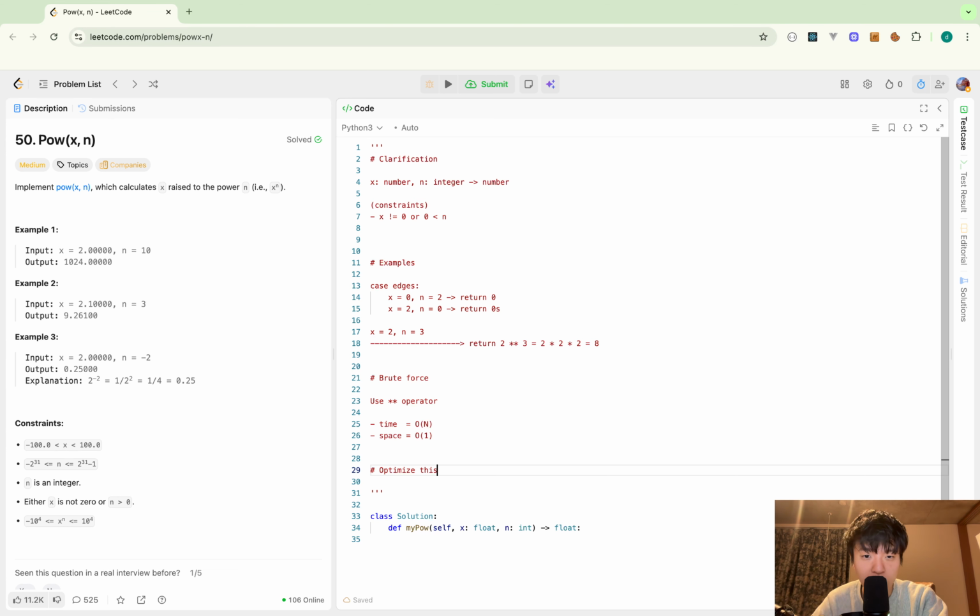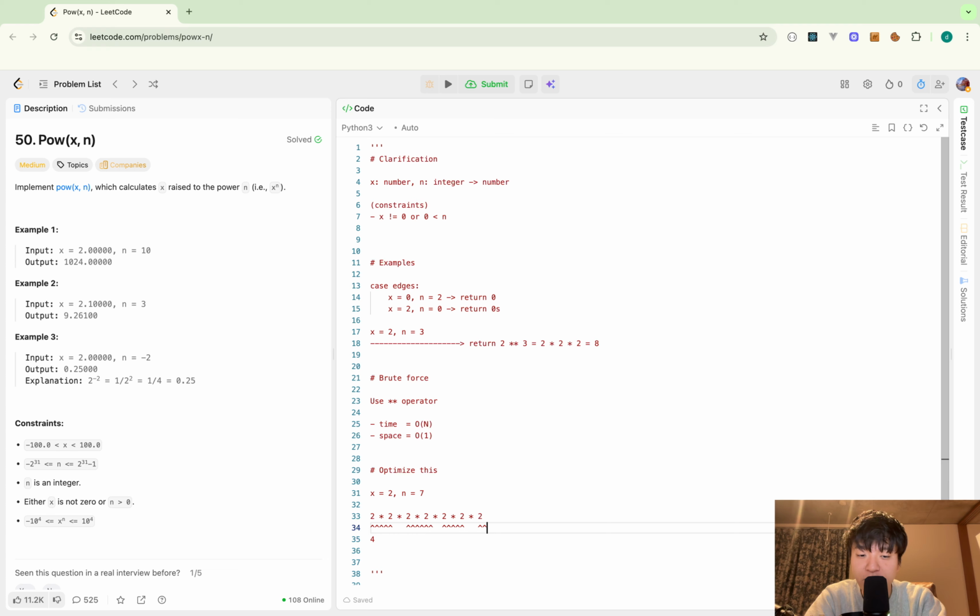Let's optimize this. So what I can do here is, let's say I try to multiply 2 seven times. In that case, if I calculate this, like 4, I actually know this and this and this.